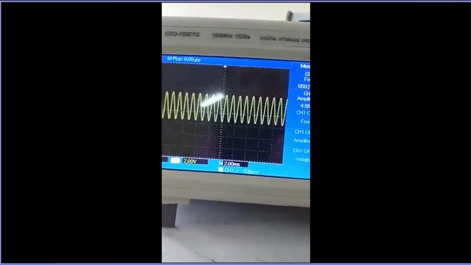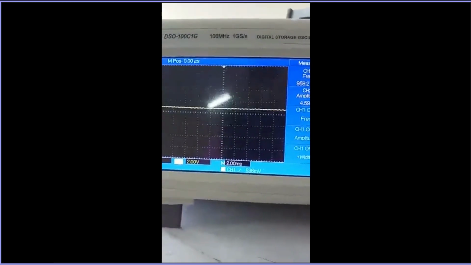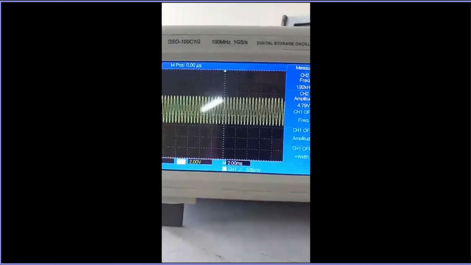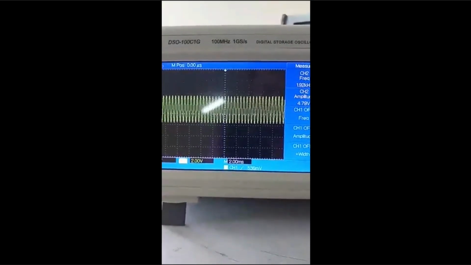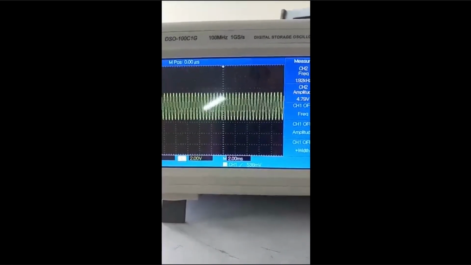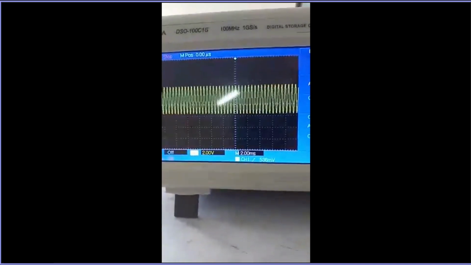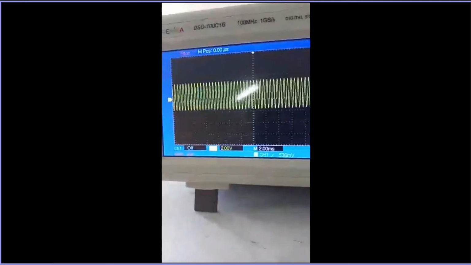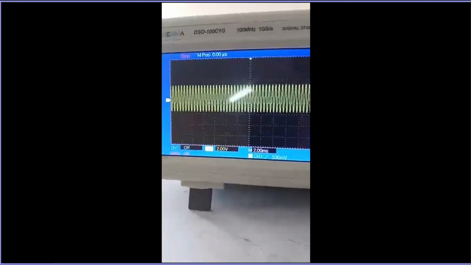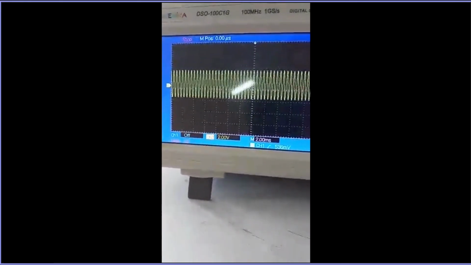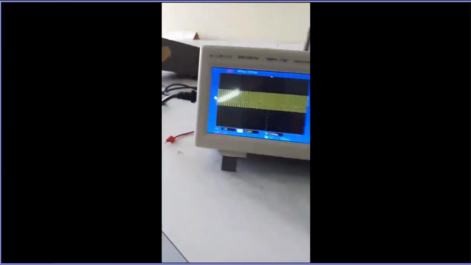And at last, the output of channel number 3, that is 2 kilohertz. So you can see that we have successfully reconstructed our signals. Channel number 0, 1, 2, 3 we have successfully received at the receiver end after the demultiplexing of all the 4 signals.